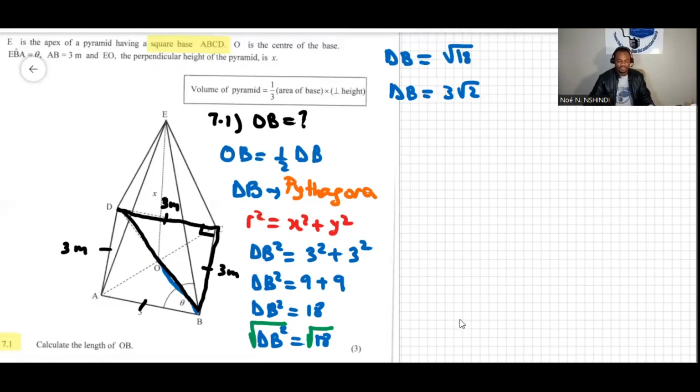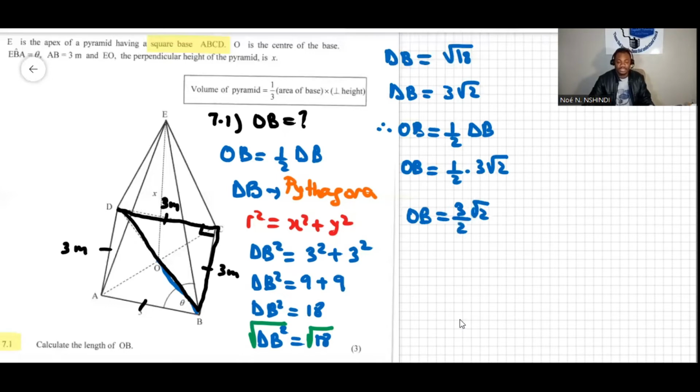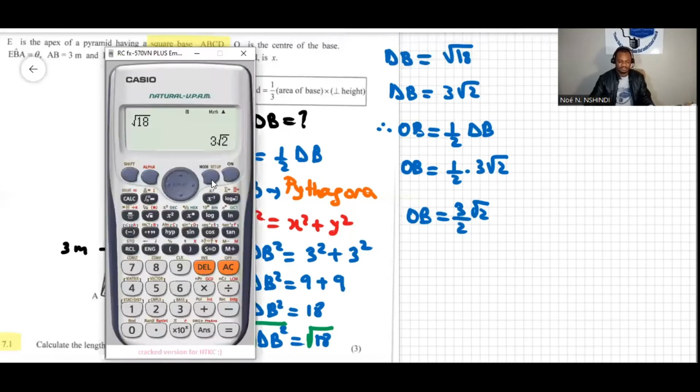Therefore, OB equals a half DB, as we said earlier. So OB will be equal to a half times 3 roots 2. So we can just write OB equal to 3 over 2 square root of 2. That's the length OB. We can use a calculator for that.